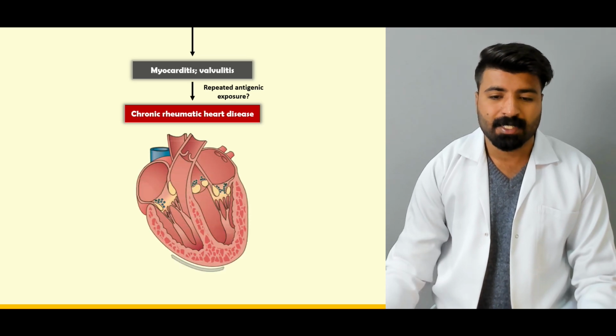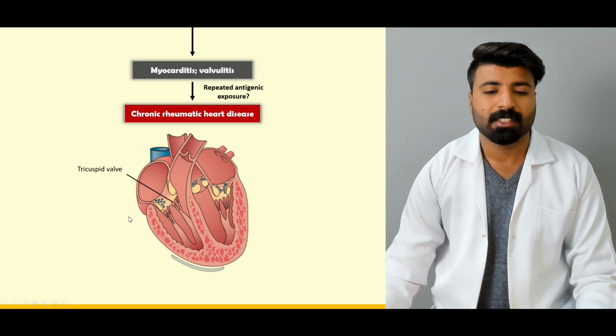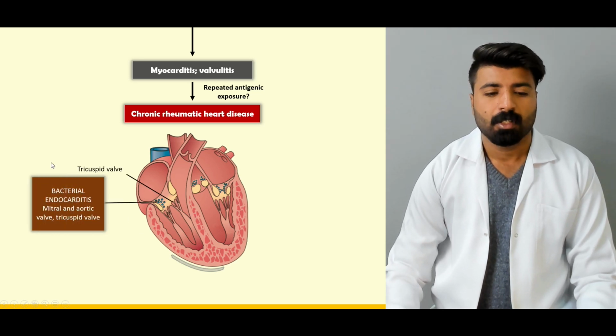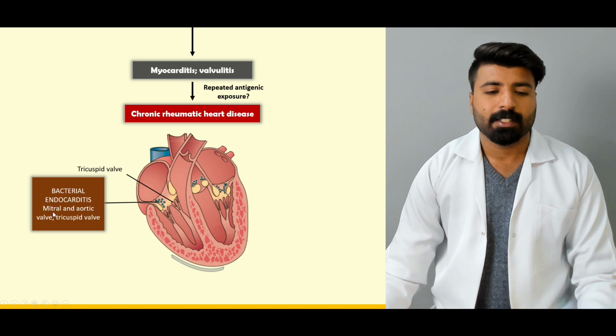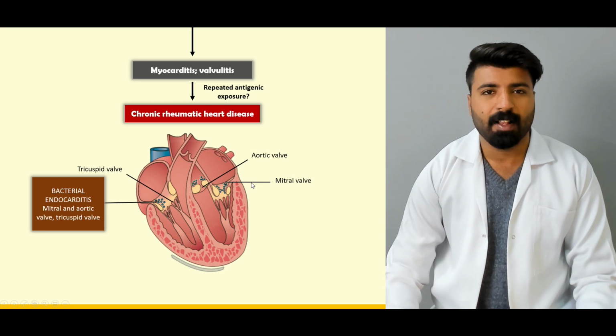So you can see here, this is a depiction of it. This is a tricuspid valve. In bacterial endocarditis, mitral, aortic and tricuspid valves are affected. Now this is the mitral valve, this is the aortic valve.